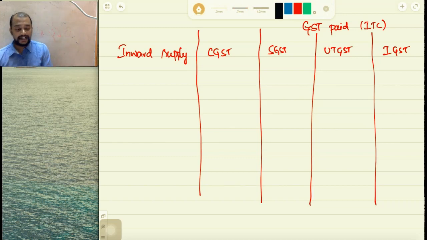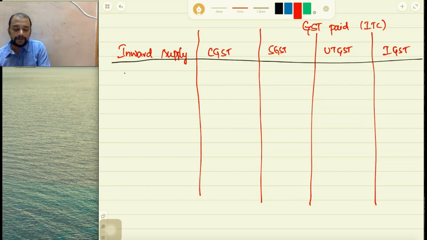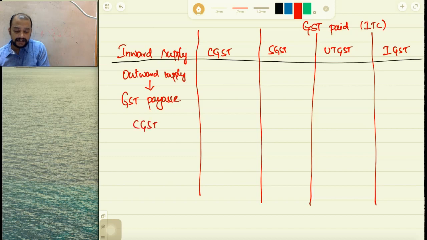All 4 can be taken as ITC. Then with respect to outward supply, we have GST payable, and the same GST payable may be there. That is CGST, SGST, UTGST and IGST.